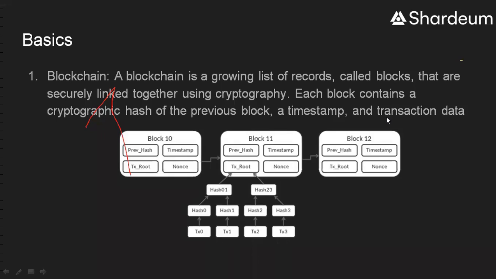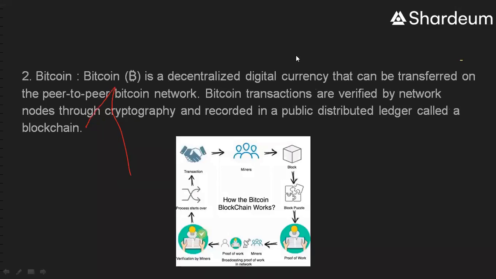After Bitcoin, the first cryptocurrency is Bitcoin itself. It's a digital currency used for a peer-to-peer payment network. So how it works, you can see in the image. In the Bitcoin blockchain, miners mine the blocks by proof of work.